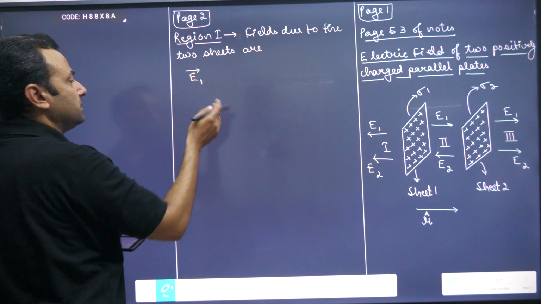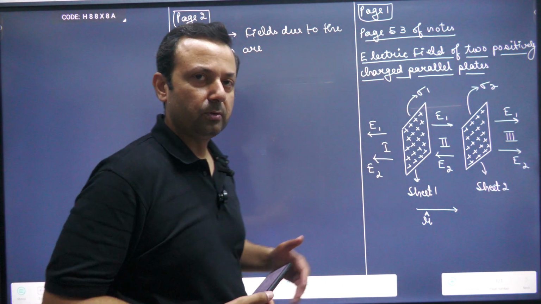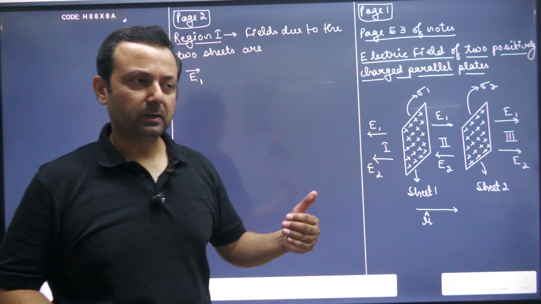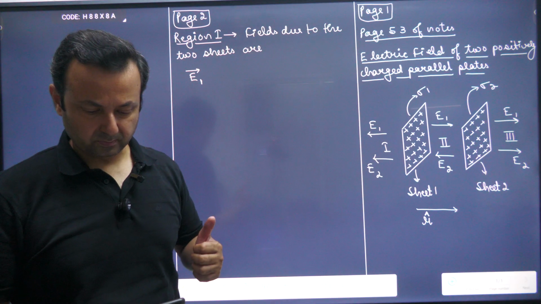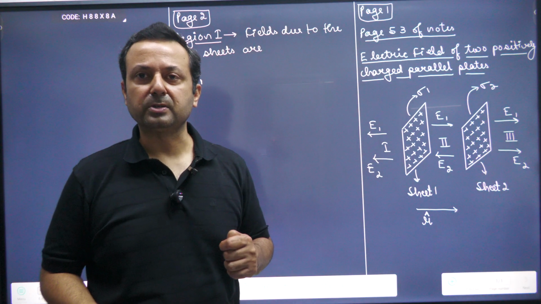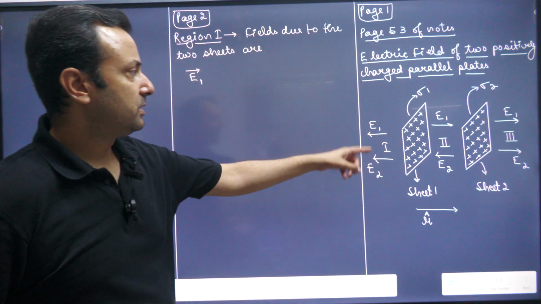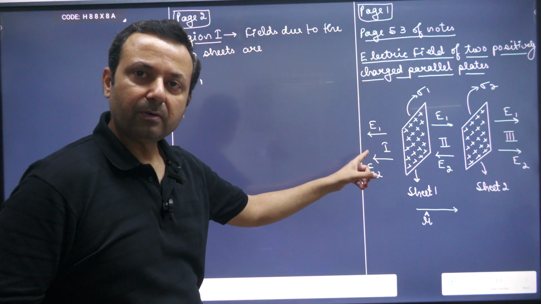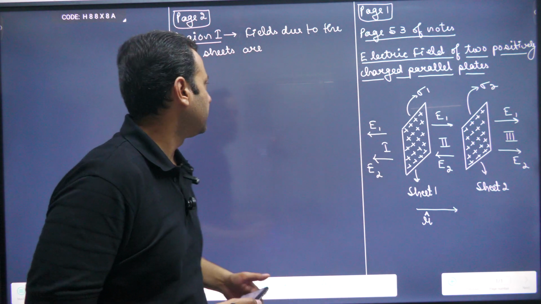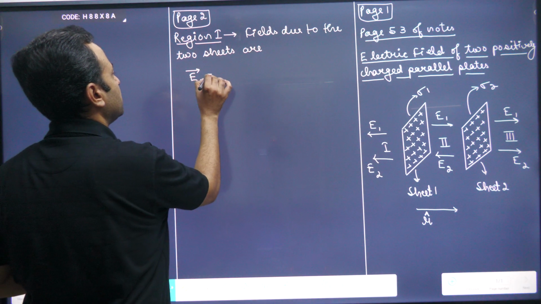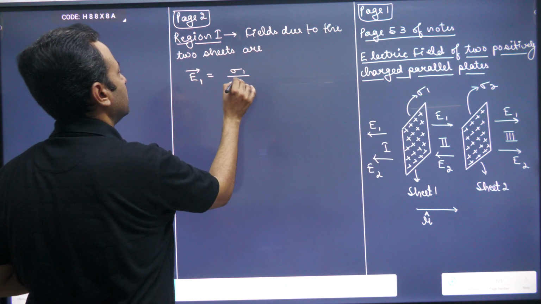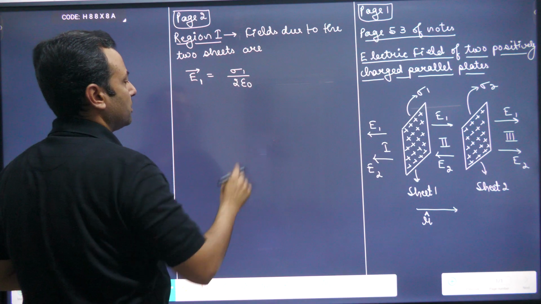In the last class we have studied that due to a plane sheet of charge, electric field is sigma upon 2 epsilon naught. So because of this sheet, E1 will be sigma 1 upon 2 epsilon naught.